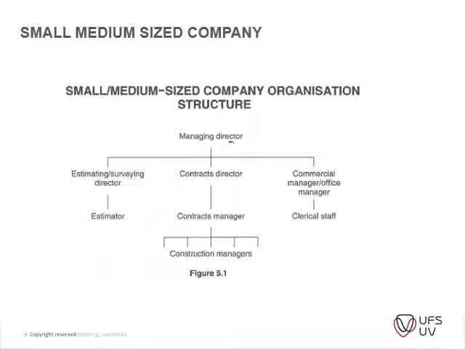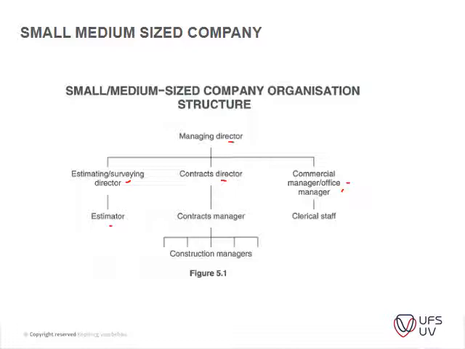You've got your managing director, with your estimators on the one side, your contract directors on the one side, and your commercial manager on the other side. Your commercial managers are usually the implementation side of the company, where you have your clerical staff and so on, looking at your office admin, if you want to call it that. Then you have your estimator, a surveyor, and maybe an estimator underneath him.